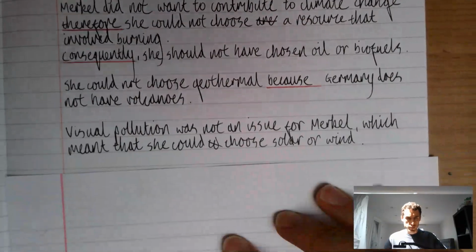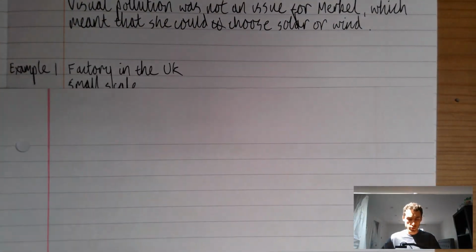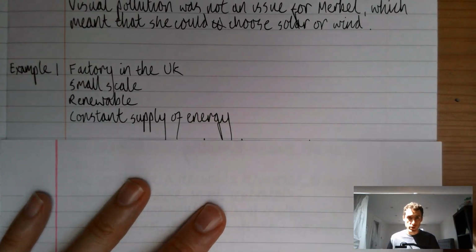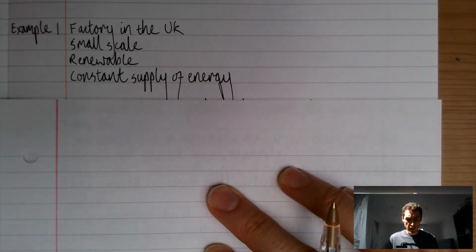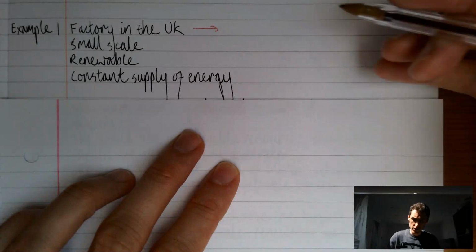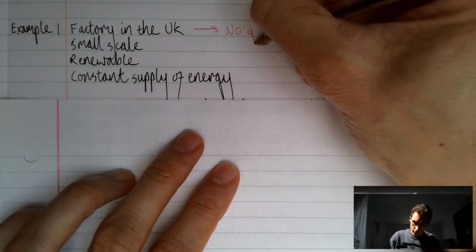Okay, thank you for pausing. So I'll just go through this quickly. I have written an answer to this one already, so I won't go through the whole thing. But the things that I would be focusing on here when you're doing this with students: if it's a factory in the UK, well, it's in the UK. It's not in Iceland, Japan, America, anywhere with volcanoes or geysers and stuff like that. So I'm going to put no geothermal.